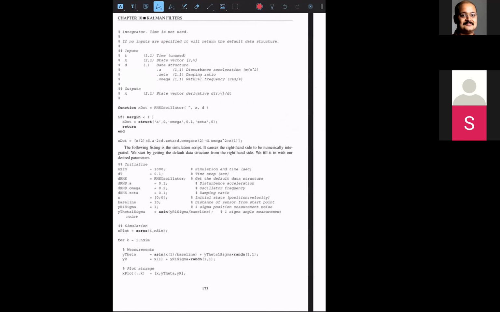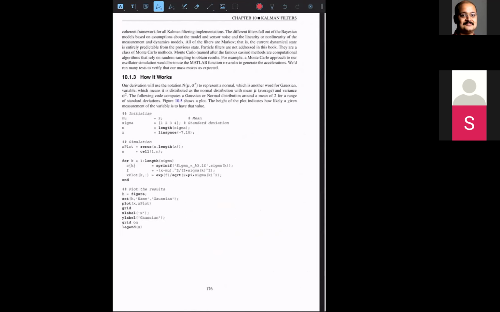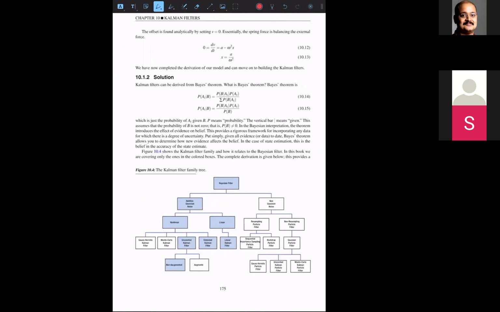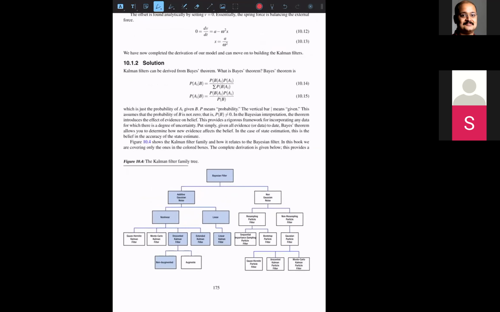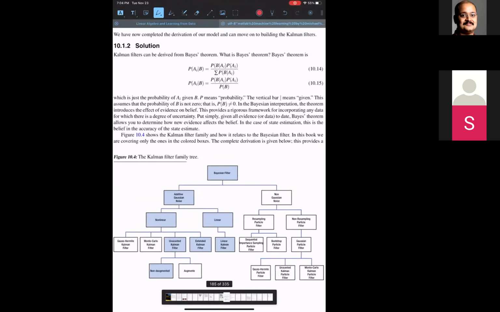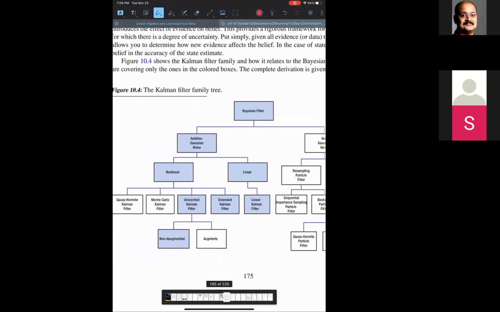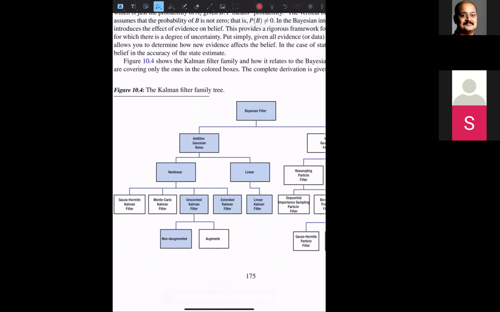We will also look through the Bayes theorem. And if you are going to take the perception class, or the robot learning class, or the Bayesian learning class, this is the whole structure of robot learning. You basically have a Bayesian filter.